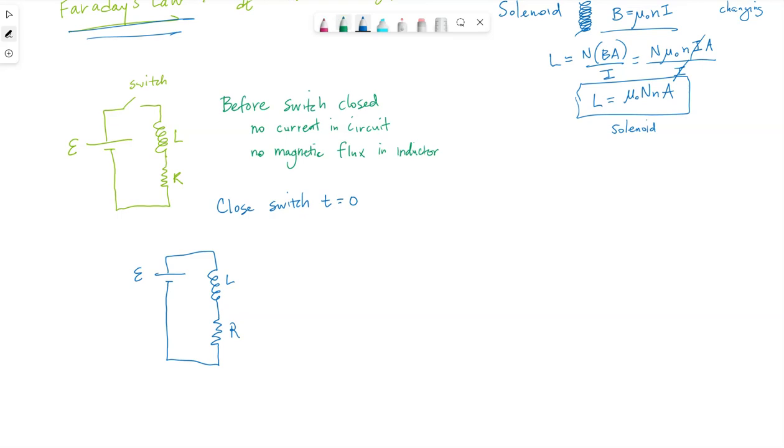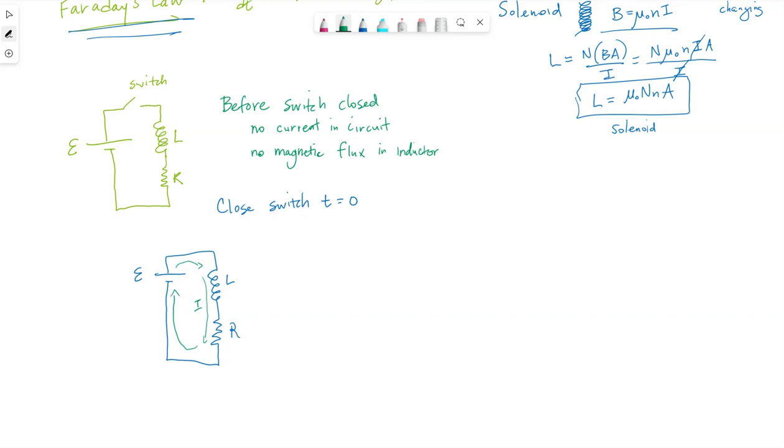And so the battery starts pushing, or trying to push, current through the circuit. There's an electric field everywhere within this circuit, but the coil, this inductor, had no current, it had no magnetic flux, and if now it suddenly has current, it's creating its own magnetic field, which means it has magnetic flux.